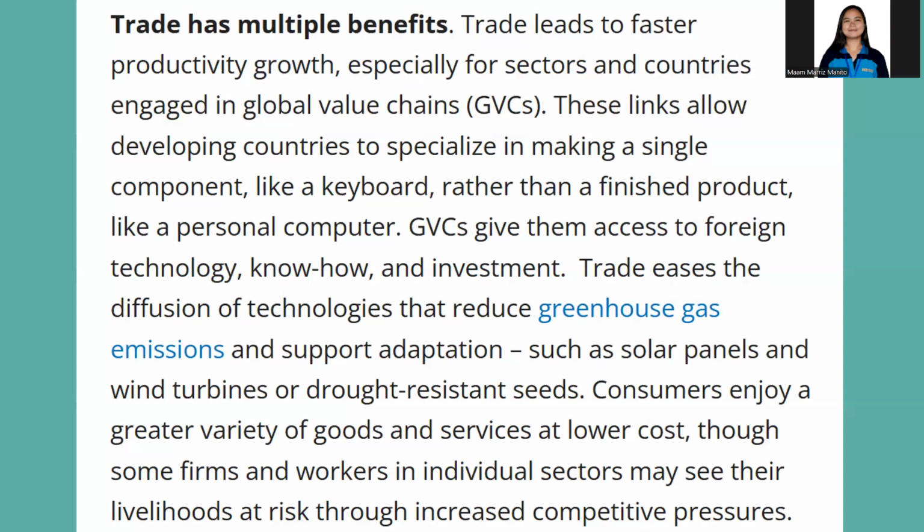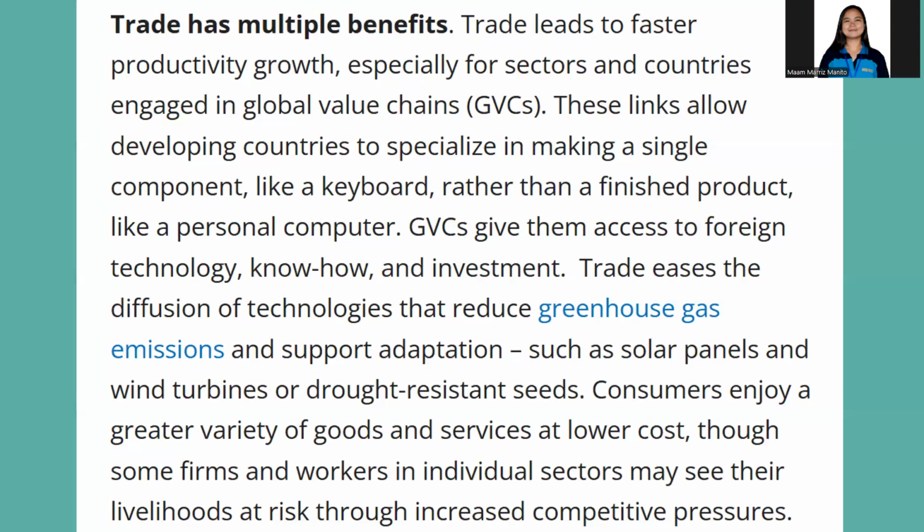And also technology: for example, countries A, B, and C are using solar panels and wind turbines, and the other countries are not. So they're helping the environment as well. They're reducing the emissions of greenhouse gases, for example. Those are just some of the benefits of trade.